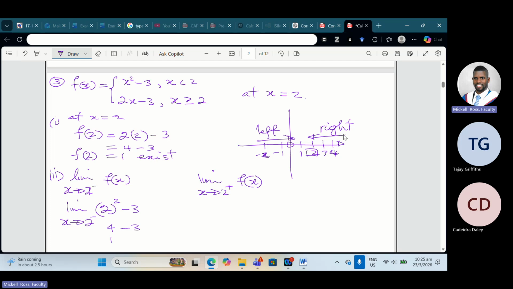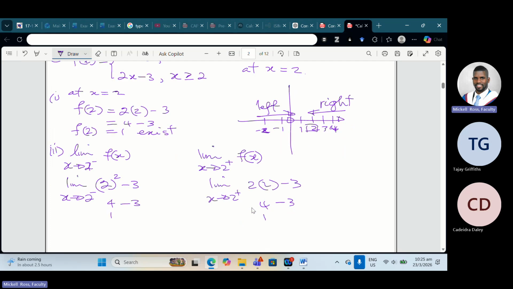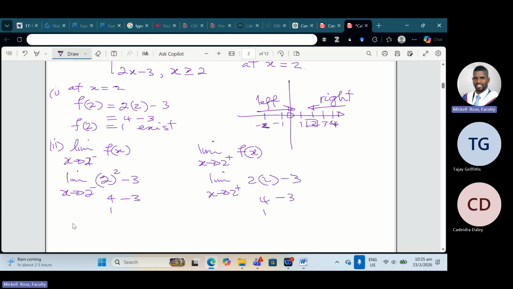From the right hand side is numbers that are greater than 2. Yes, you can approach 2 by coming in from the right hand side. If the numbers are greater than 2, that means I have to use this function. So the limit as x approaches 2 from the right hand side is 2 times 2 minus 3, so that's 4 minus 3, which is 1.